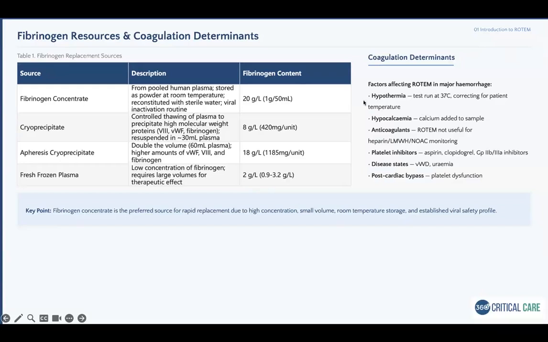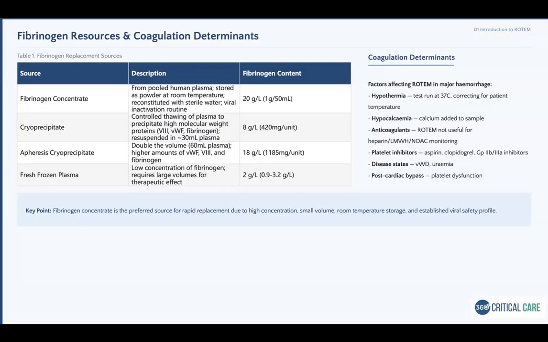Patients need to be euthermic because hypothermic patients tend to bleed more and whatever you give will not work. The Rotem doesn't show a calcium level, so hypocalcemia needs to be corrected because you cannot see on a Rotem what the calcium or effect of the calcium is. So calcium has to be corrected to normal before thinking of or interpreting a Rotem.